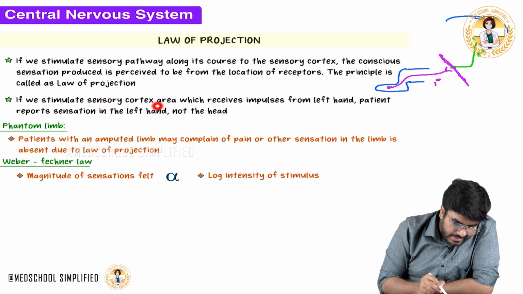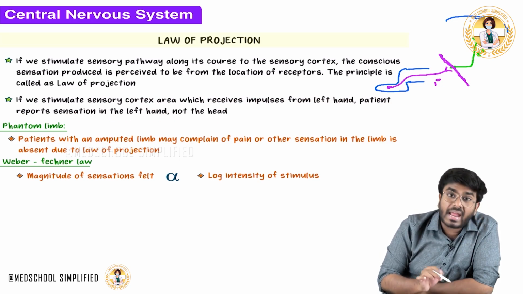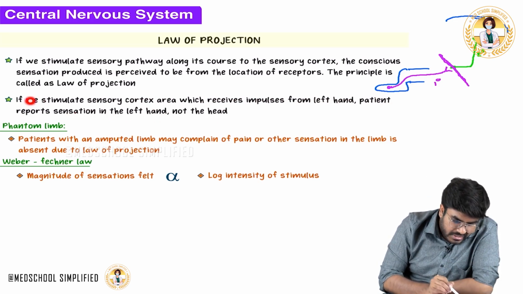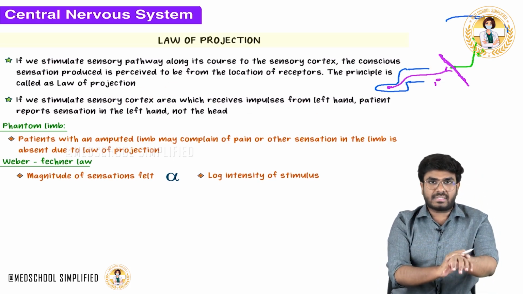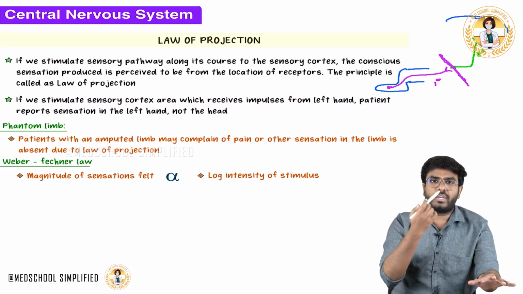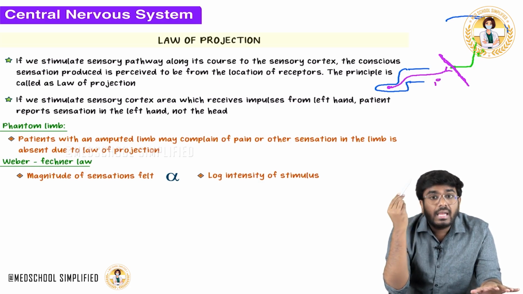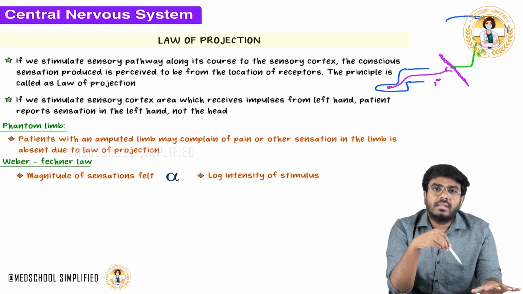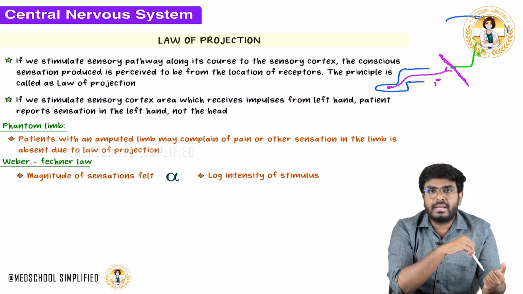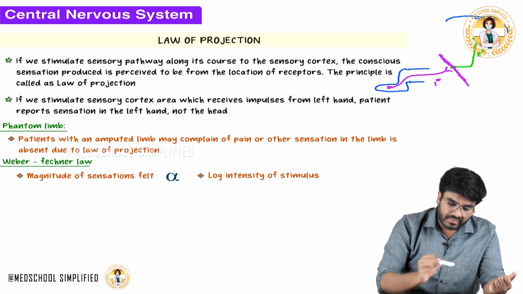If we stimulate the sensory cortex area which receives the impulses from the left hand, the patient reports sensations in the left hand, not in the head. He is going to say that someone is touching his left hand.